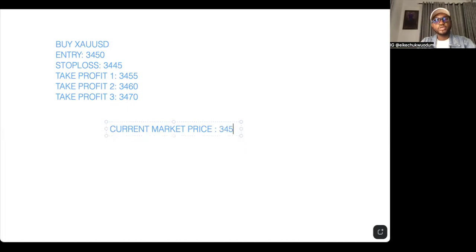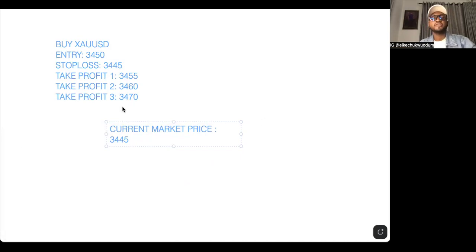All right. So 3449 is 10 pips in loss. 3448 is 20 pips. 3447 is 30 pips from the entry. 3446 is 40 pips from the entry. 3445 is how many pips? 50, right?